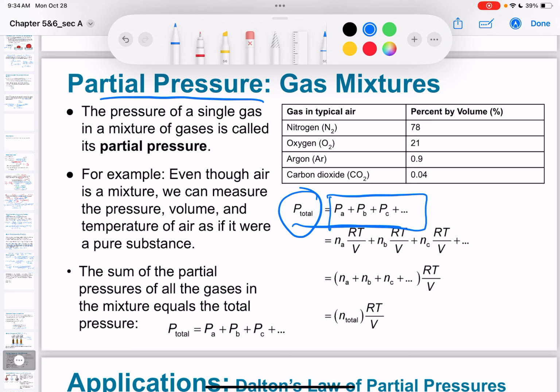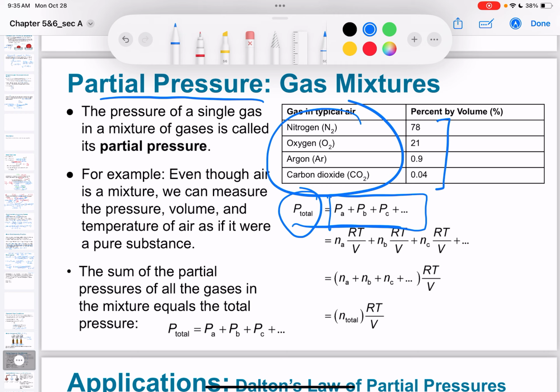So the best example of this is just normal breathable air is a mixture of a bunch of different gases. So we've included all the gases that are the major components of air and the individual pressures that they contribute.